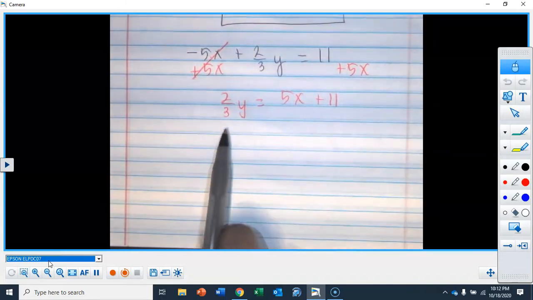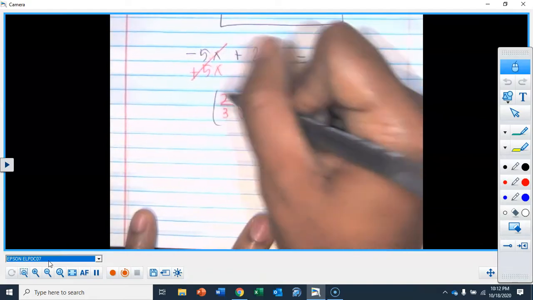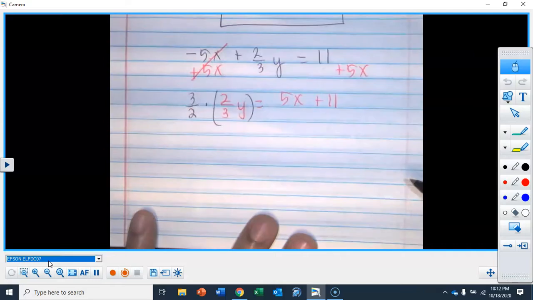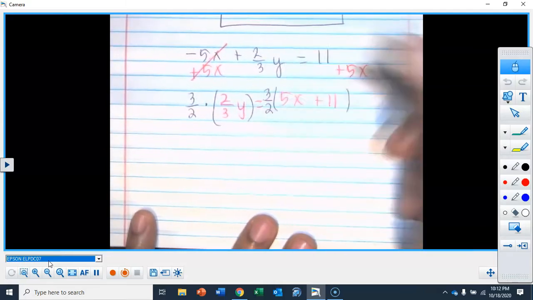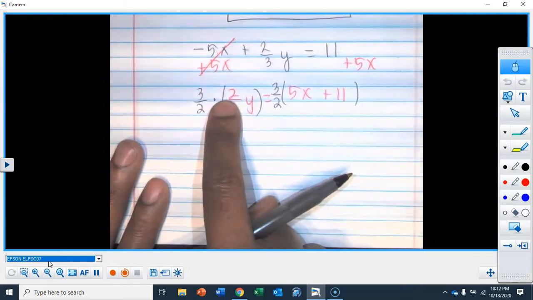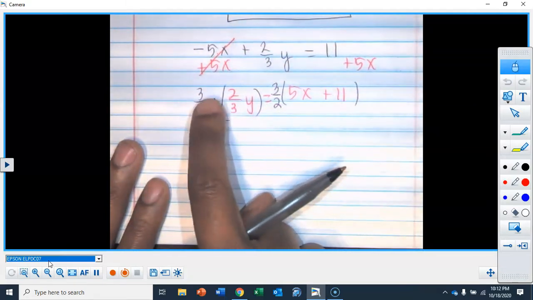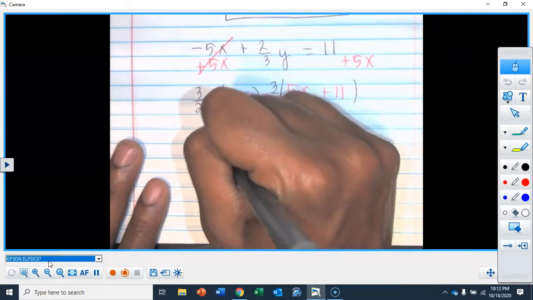And again, because I have a fraction, I have to multiply by the reciprocal. So we're going to multiply this whole thing by not 2 over 3, but 3 over 2. And then we got to go over here and multiply everybody over here by 3 over 2. So remember, 3 times 2 is 6. 2 times 3 is 6. 6 divided by 6 is 1y.